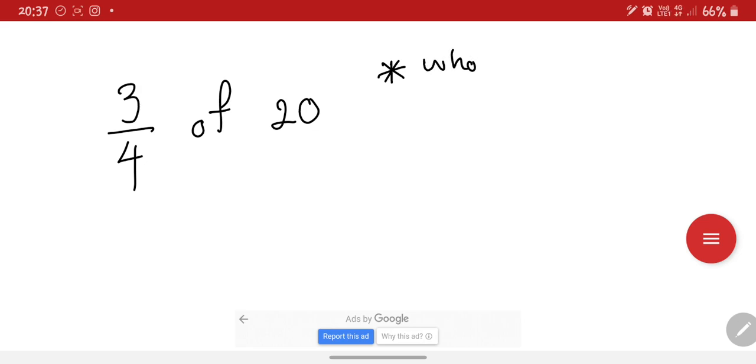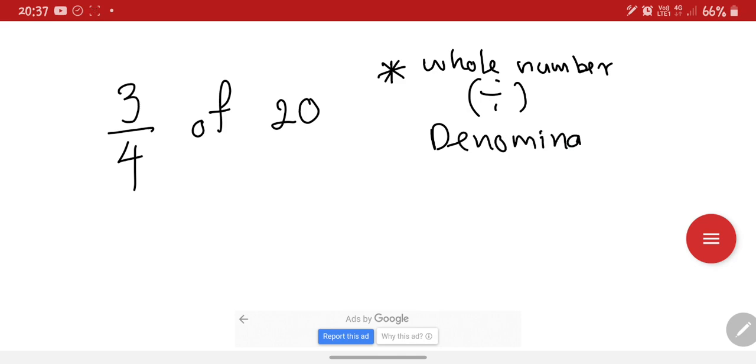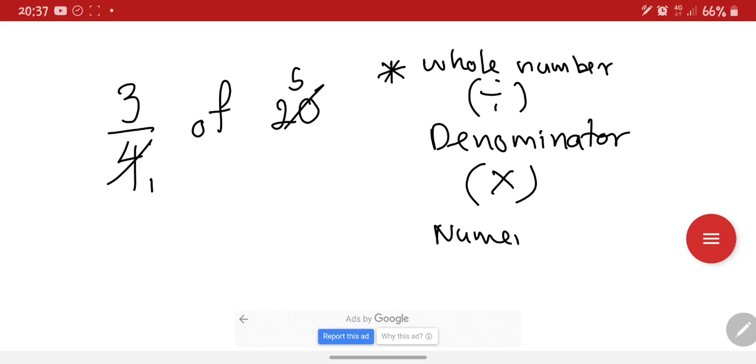Okay, the key point is, the whole number divide the denominator. So let's do it. 20 divided by 4. So 4 divided by 4 is 1. 20 divided by 4 is 5. Okay, so you have 5. After that, you multiply your answer with the numerator.